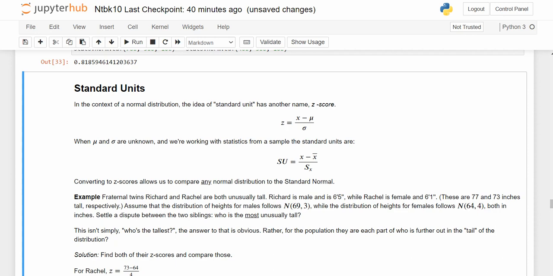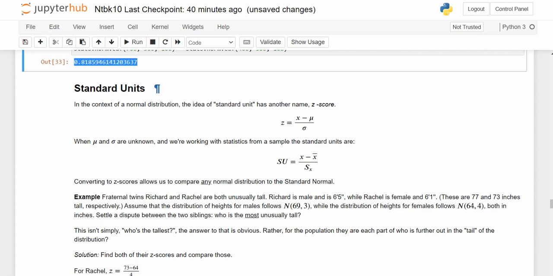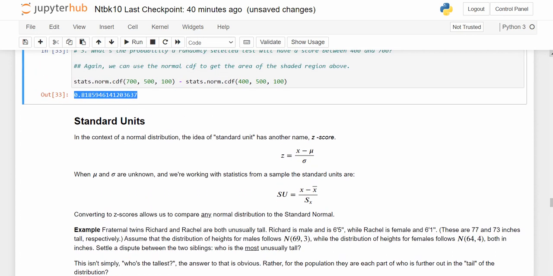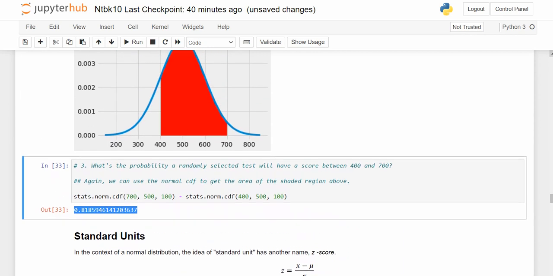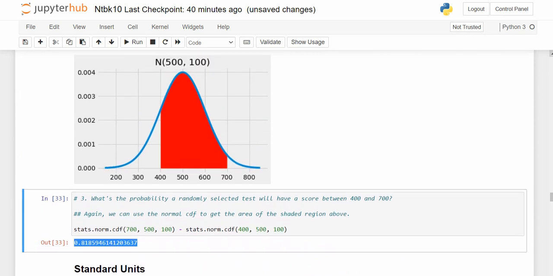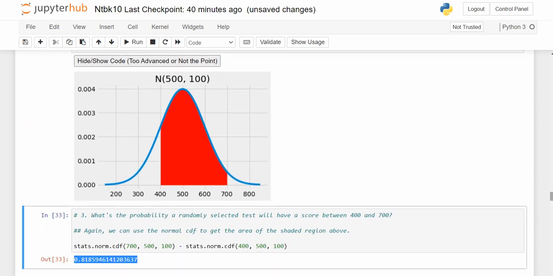You can see the probability is about 81 to 82% that your math SAT score is between a 400 and a 700. The shaded area under the curve is this probability percentage here.